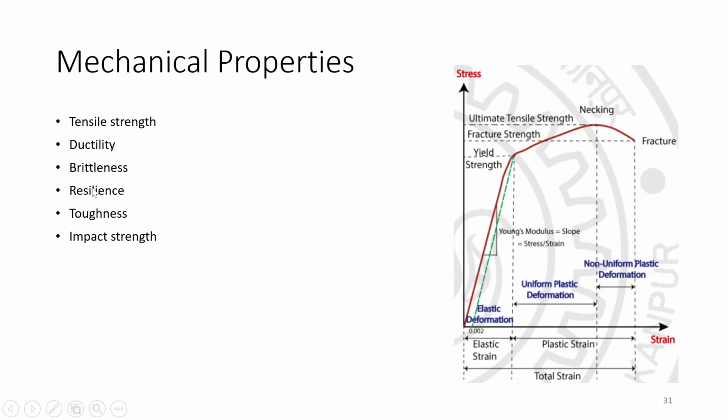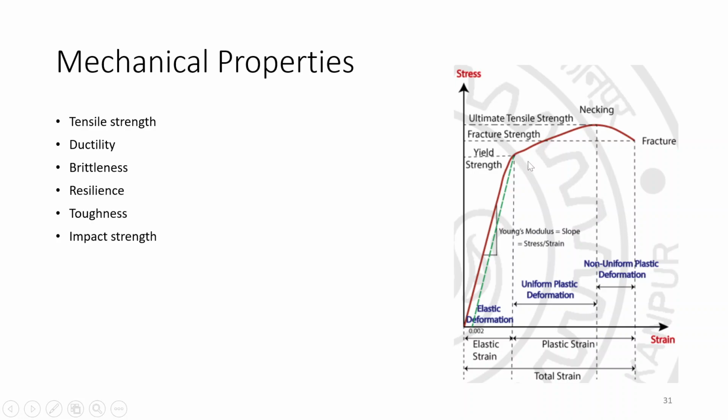In case of resilience, these properties we will discuss later based on this particular stress strain curve. The stress strain curve can be divided into three categories. Firstly, you have elastic deformation, in which stress and strain are linearly proportional. This is Hooke's law. So your stress is proportional to strain, and the proportionality constant is Young's modulus, which is the slope of this curve.